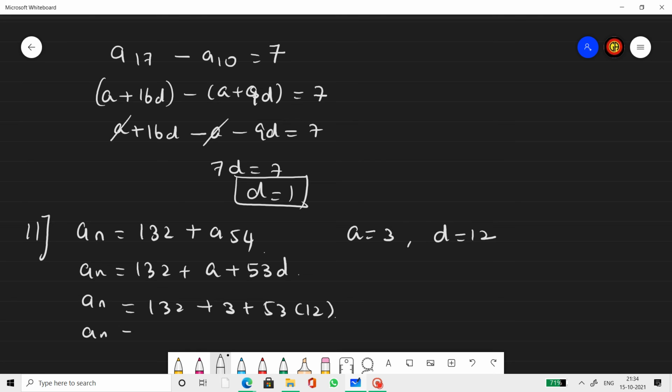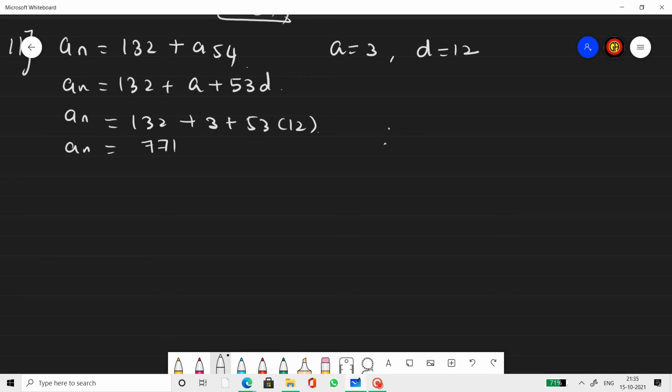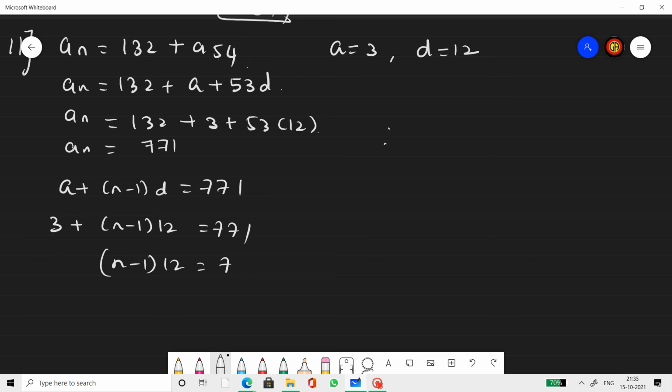Now you get the value of that particular term whose value is 132 more than the 54th. So AN is 771. The question is not to find the value of the term but the number, like which term it is. So A plus n minus 1 into D equals 771. And A is 3, n minus 1, D is 12 equals 771.